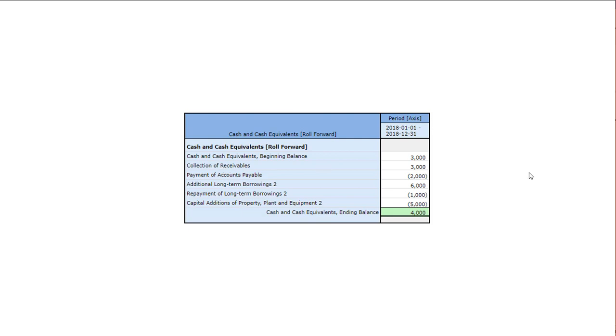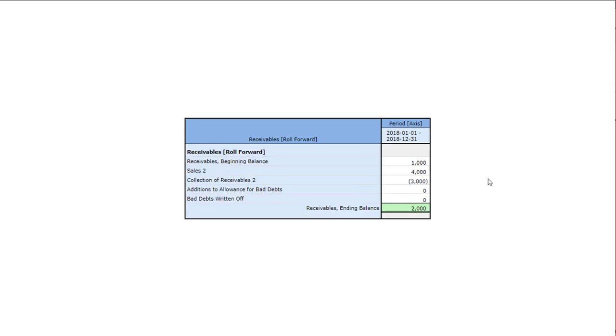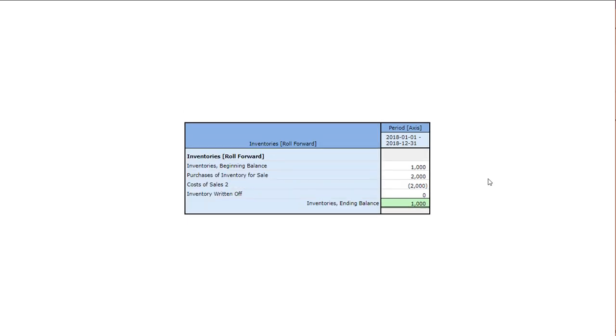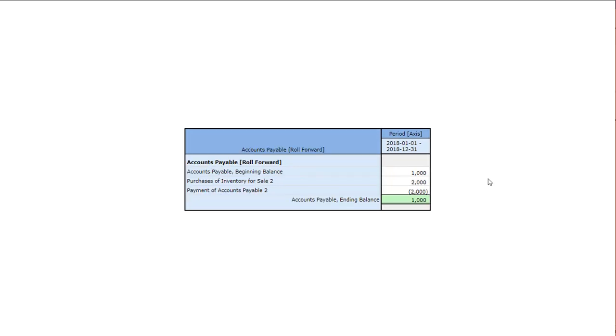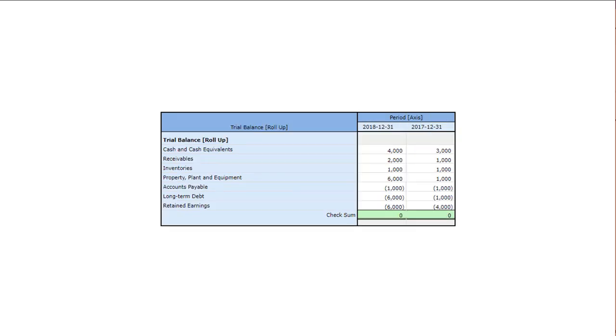I created this roll forward for cash and cash equivalents, and also for receivables, inventories, property, plant, and equipment, accounts payable, long-term debt, and retained earnings. So basically every line item on the balance sheet has a roll forward.